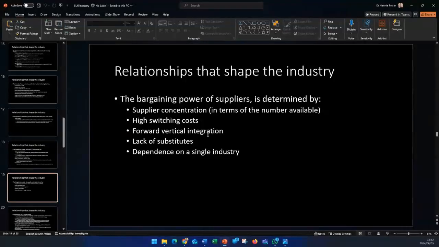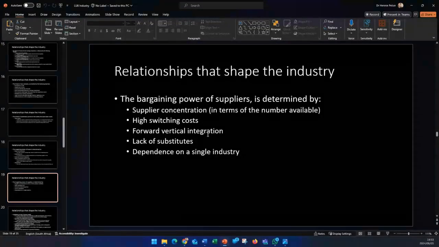The fewer suppliers there are, or suppliers that provide stuff that they have patents for, it becomes very difficult to play those suppliers off against each other. In terms of switching costs, when you use a certain technology and you're stuck with it and can't switch to a different technology, it makes it very difficult.